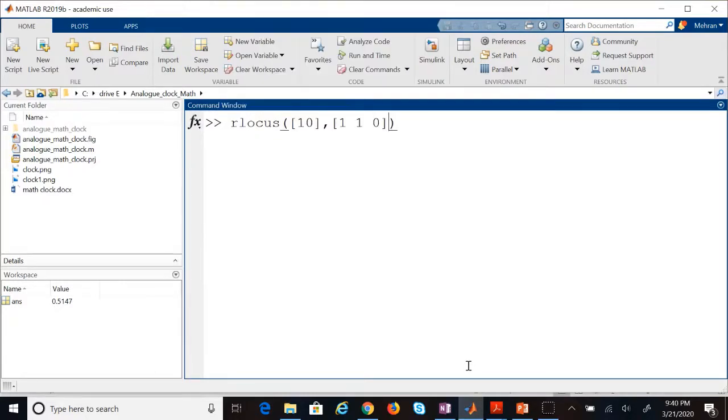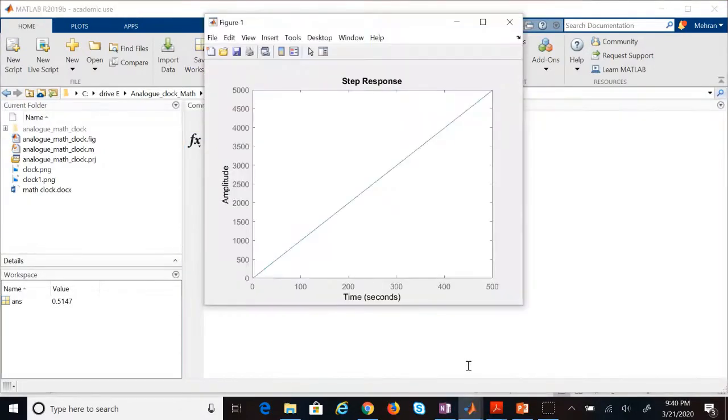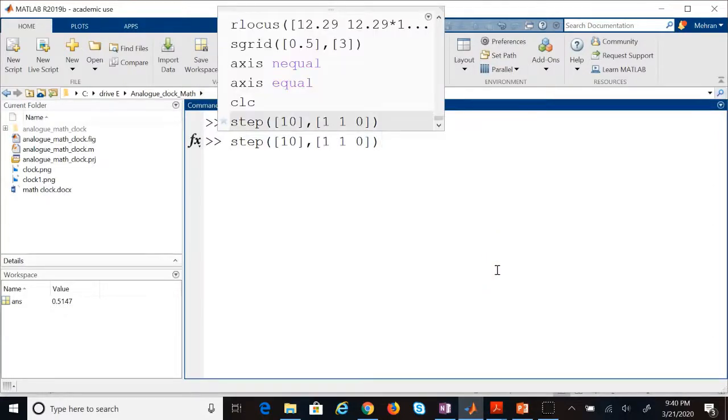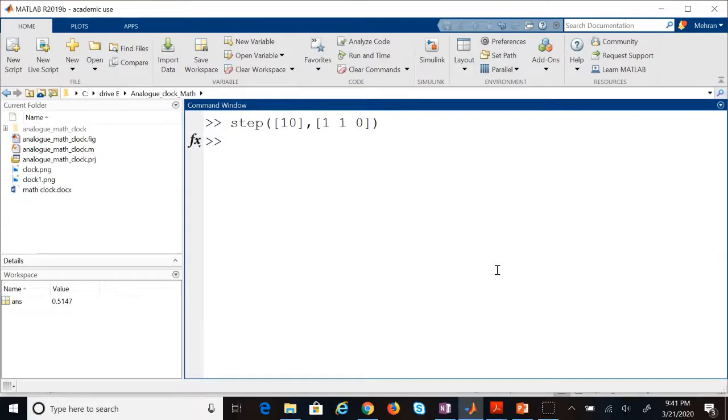So first I pass the step to the first system. This is the step of the first system, right? Oh, yeah, you have to feedback it first. Yeah, when you pass the step, you cannot pass the open loop, you have to pass closed loop.